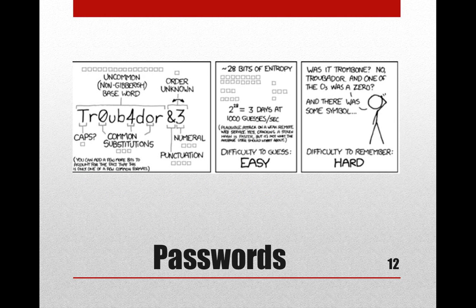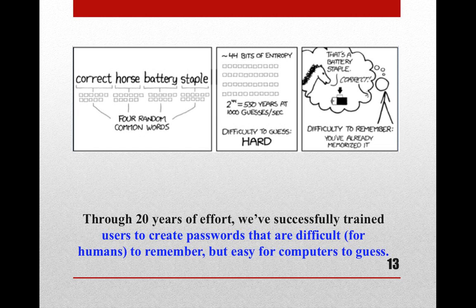So this is on passwords. So this is about how we try to create passwords that are in some ways easy to guess, but hard to remember. This one gives another example of this guy trying to remember, was that horse staple?